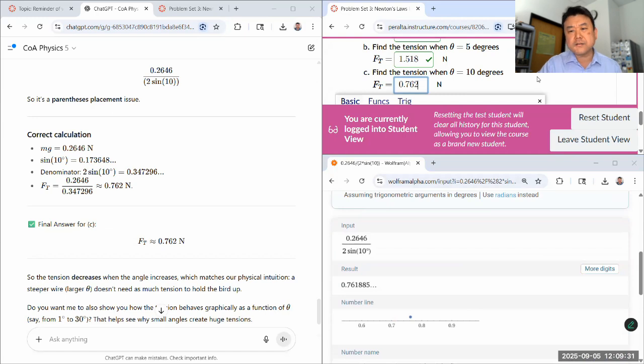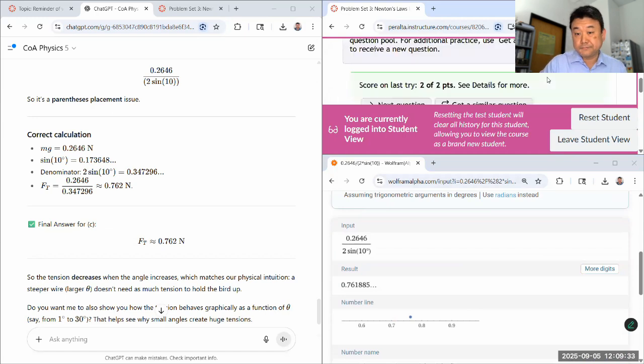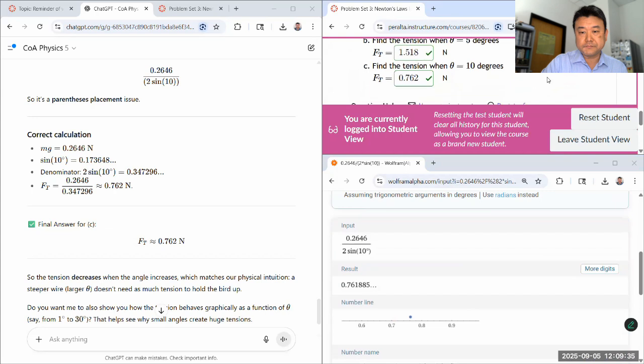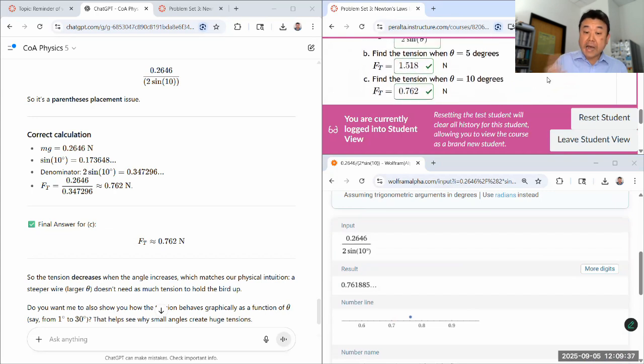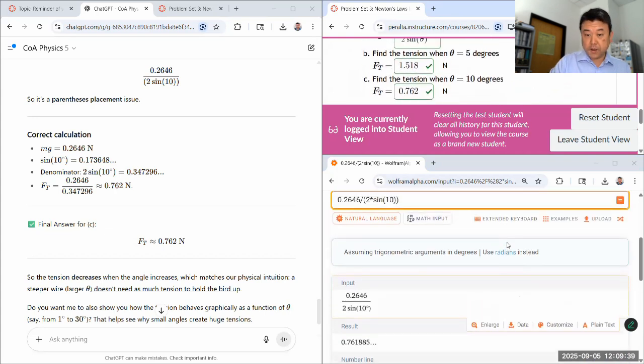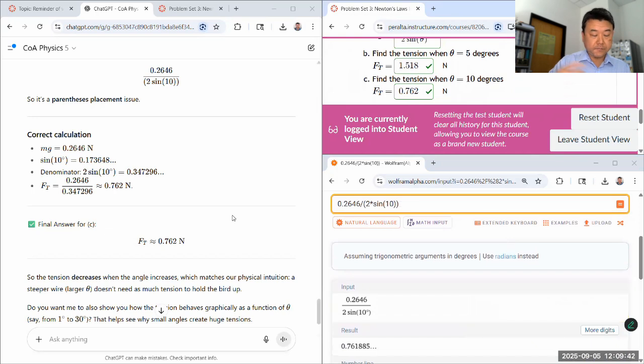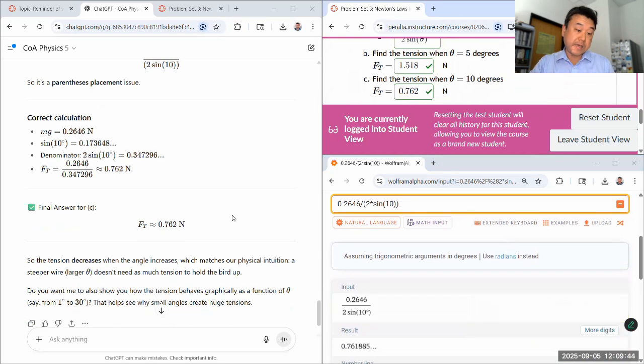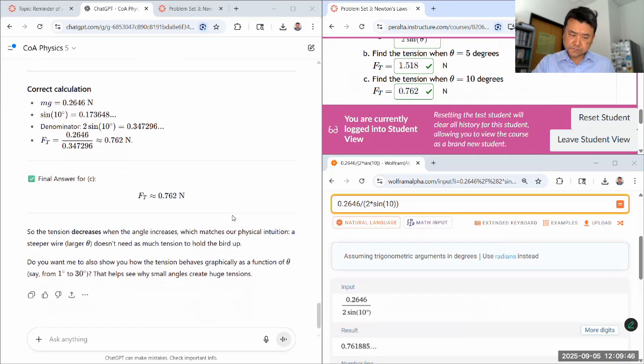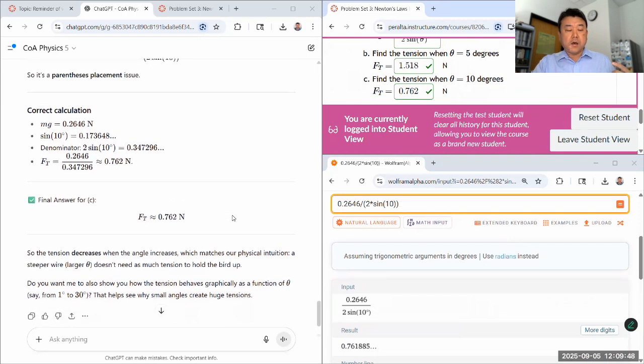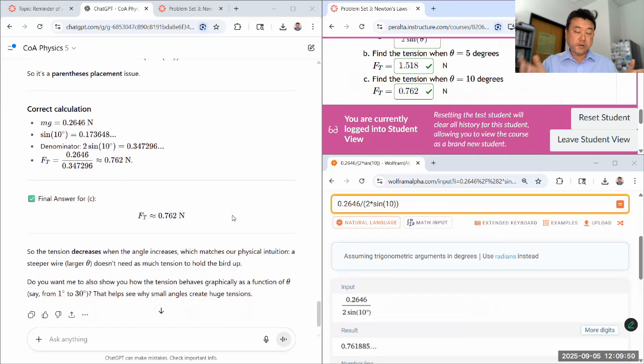So I am planning on updating CoA Physics GPT this weekend. I'm actually uploading material for Physics 4B that's starting next week, and while I'm doing that, I'll also add additional material for this class.